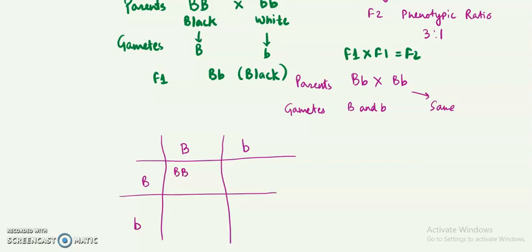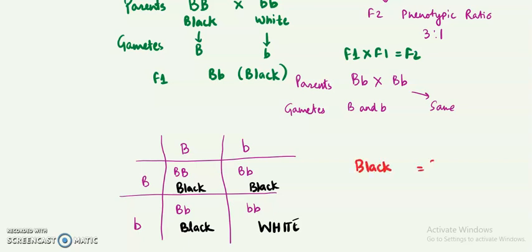Here would be capital B capital B, capital B small b, capital B small b, small b small b. Now these are going to be our black Guinea pigs, and the other one would be white. So how many black Guinea pigs have we got? 3. And how many white? 1.